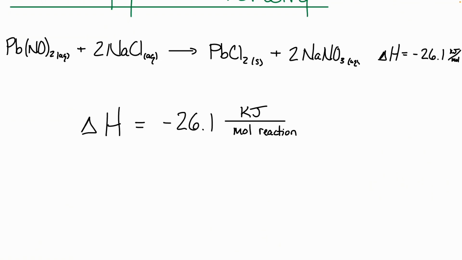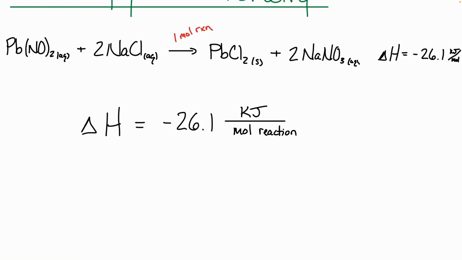When you write your balanced chemical equation, you're establishing what your reaction is, right? This is our reaction here. So every time 1 mole of lead(II) nitrate combines with 2 moles of sodium chloride to give us our 1 mole of solid product and our 2 moles of sodium nitrate, we would say that that was 1 mole of reaction occurring.